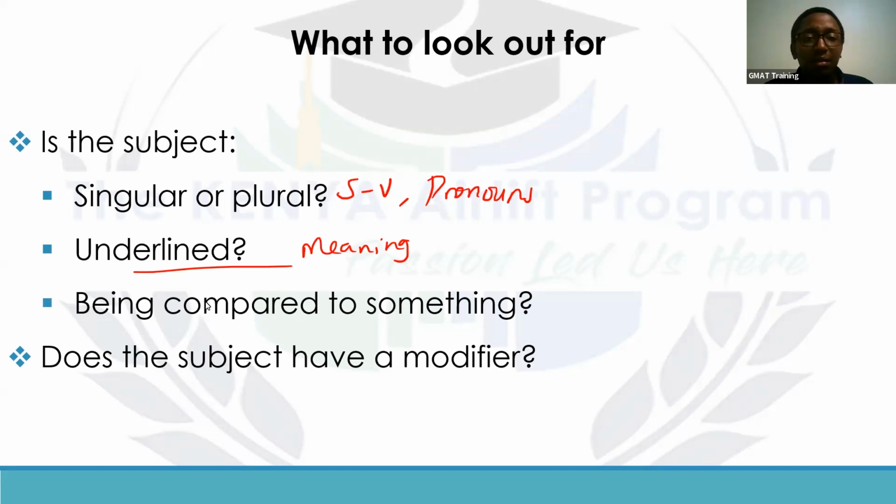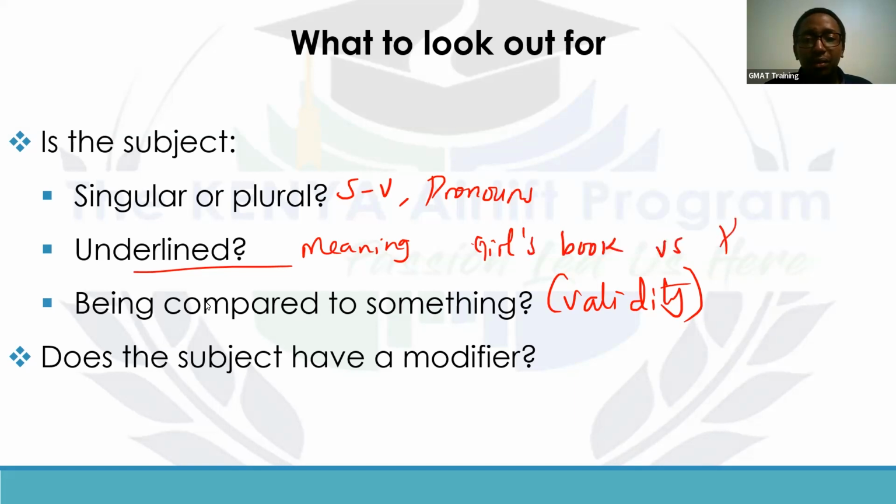And then, is the subject being compared to something? Here we'll be testing the validity of the comparison. Sometimes, mostly in comparison, you have, say, the girl's book being compared to the boy.